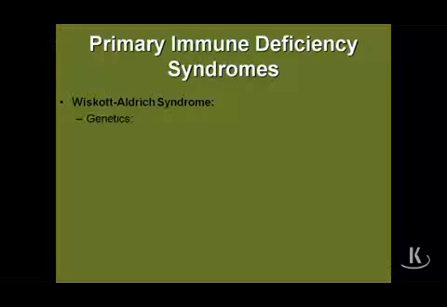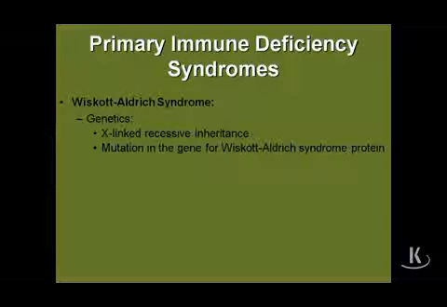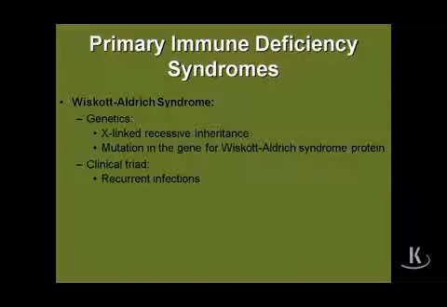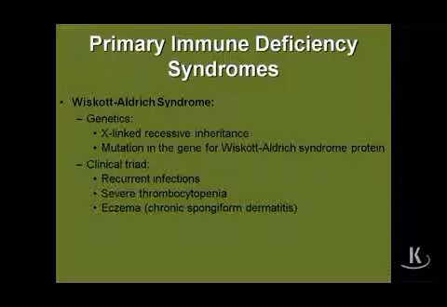Another example of both T and B cell dysfunction is Wiskott-Aldrich syndrome. The genetics involve X-linked recessive inheritance, and its mutated gene is a protein. And basically, you have your clinical triad of recurrent infections, both fungal, viral, and bacterial. You're going to have also severe thrombocytopenia leading to a hemostasis problem, and you get a chronic spongiform dermatitis, which means what?